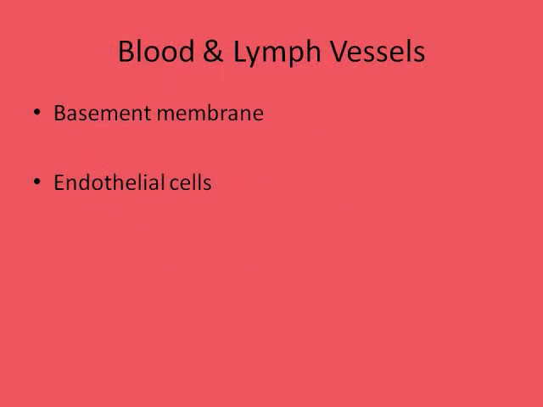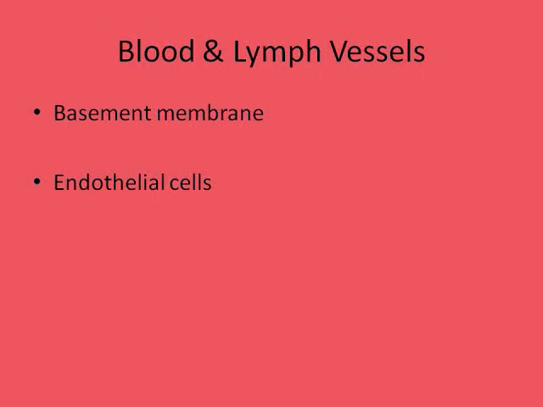Now, lymph and blood vessels, let's talk a little structure here. The very outside of those vessels is called a basement membrane, and its job is just to keep everything together, just hold it all intact. But immediately on the inside of that basement membrane is a layer of endothelial cells.